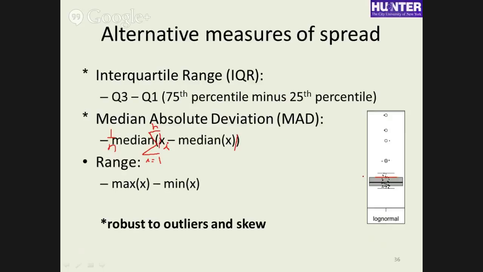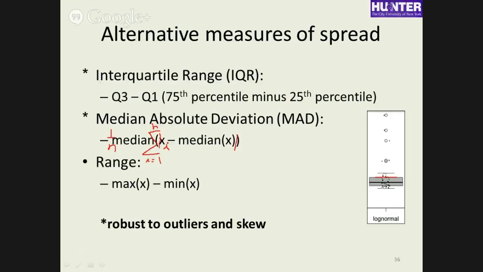This example here, this was a very skewed distribution. And I just show here, this is the median because it's the middle of a box plot, and this is the mean, just showing how the mean is shifted up from the median by this skew.